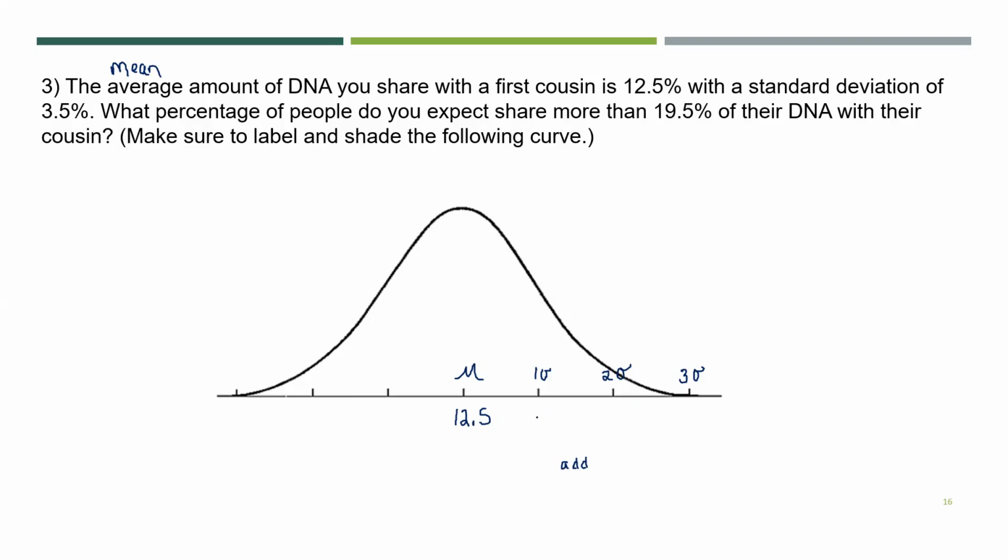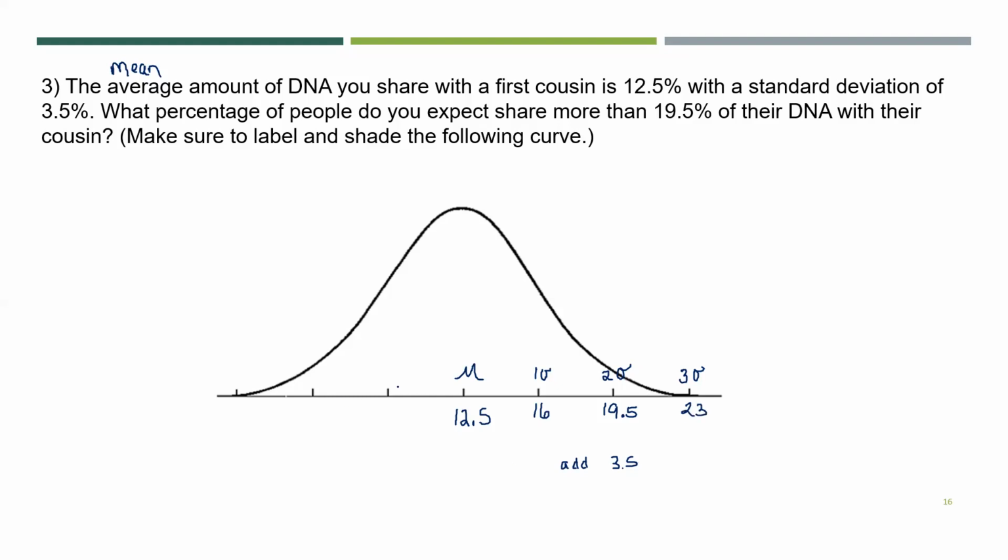So 12.5 plus 3.5 gives me a value of 16, plus an additional 3.5 gives me a value of 19.5, and plus 3.5 again gives me a value of 23.